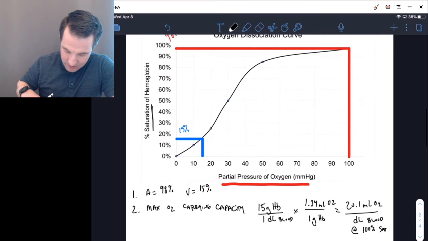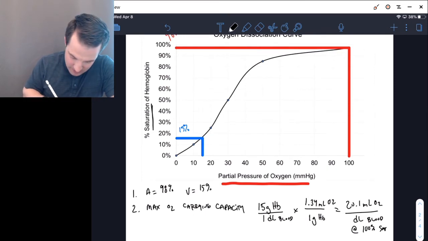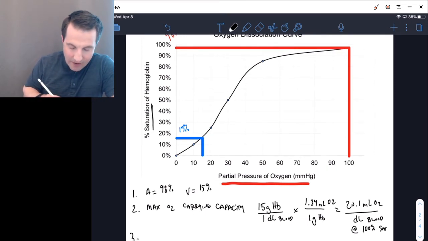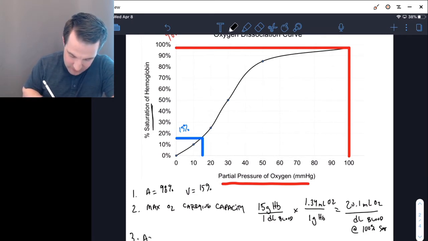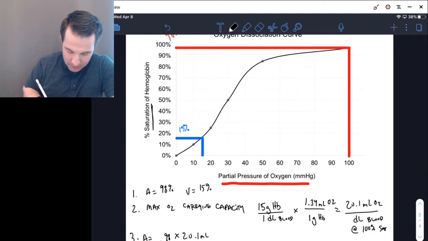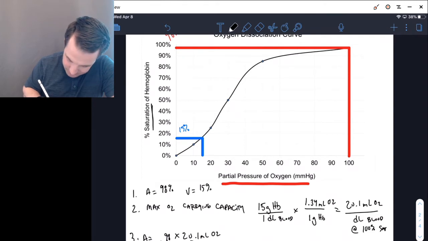Fantastic. So then step 3 is going to be to calculate how much oxygen is being transported in the arteries. In the arteries, that's going to equal our 0.98 times 20.1 mLs of O2 per deciliter of blood.